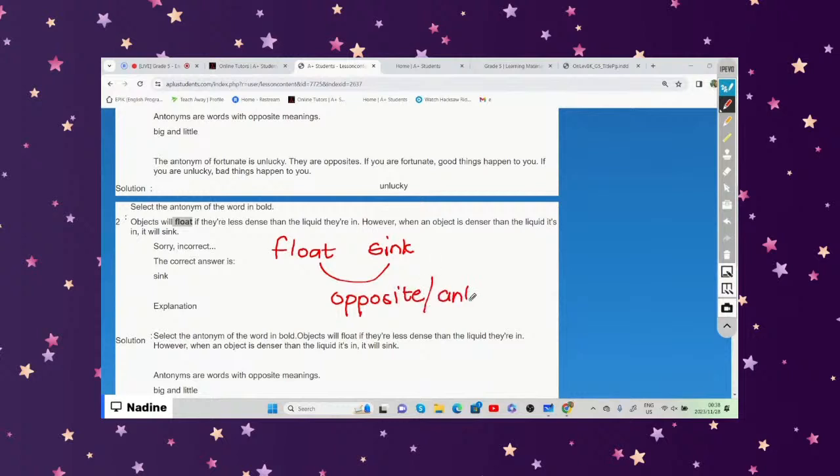Or we can say the antonym of float is to sink. These two words are opposite. It's either you are floating and you are basically above water, or you're sinking and you're going underwater, right?